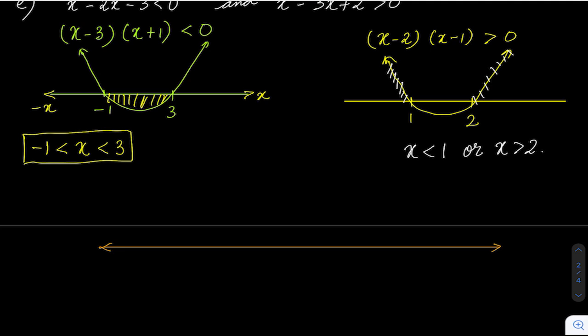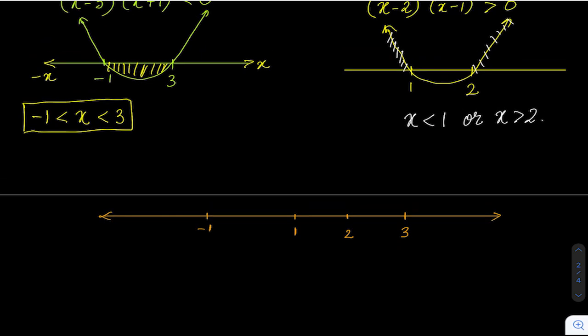Minus 1, 1, 2, and 3. So these are the four points that I need. The first answer is minus 1 to 3, so minus 1 to 3 will be like this.